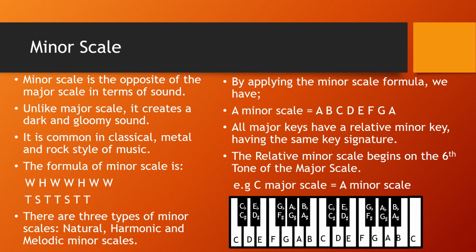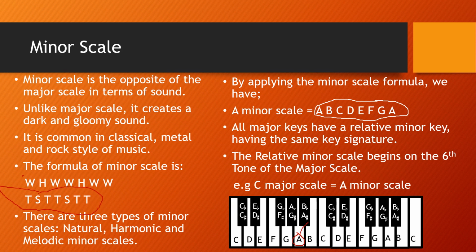By applying the minor scale formula, we have A minor scale as A, B, C, D, E, F, G, and A. A minor scale, this is A. Let's get it from A. This formula states we go for tone.